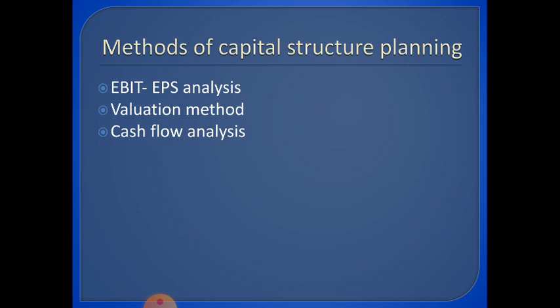Financial leverage arises when the company uses debt and preference capital in business. And this method is used to analyze the value of earning per share with a different level of EBIT, that means earning before interest and tax, under alternative financial plans. This is the first method.